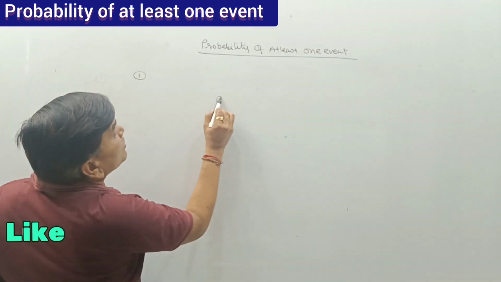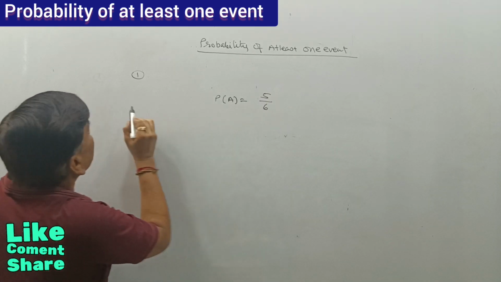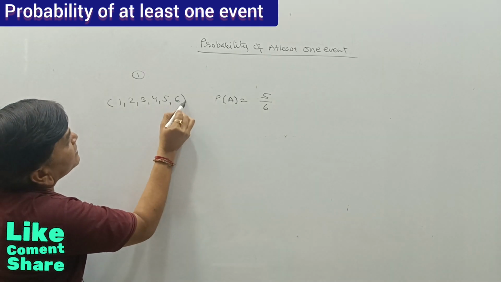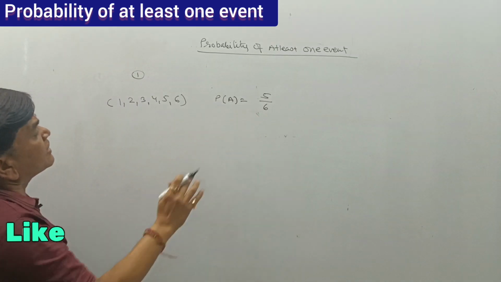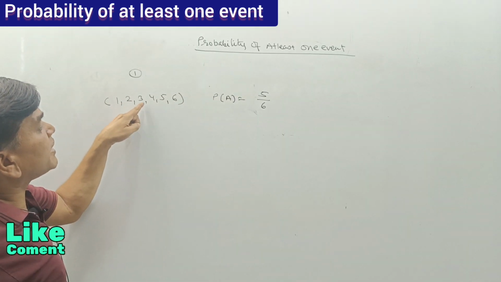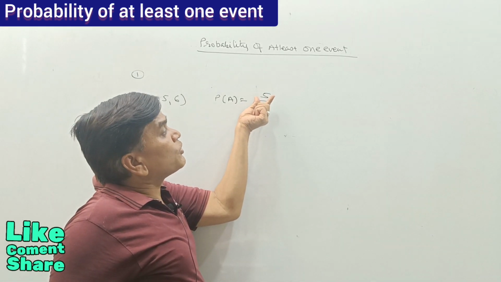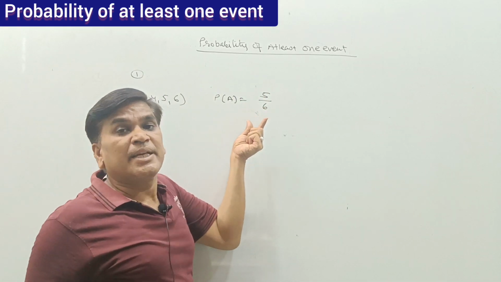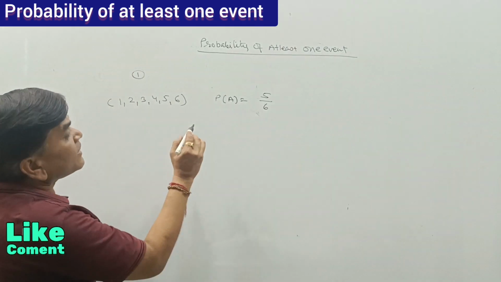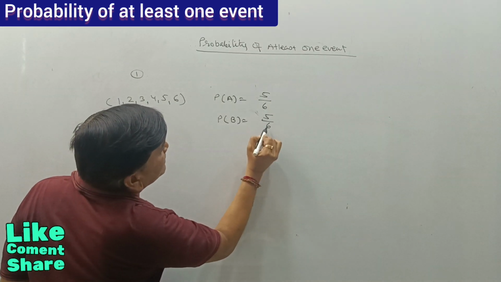The probability of not getting 6 is 5 by 6, because in a dice there are 1, 2, 3, 4, 5, 6, so the total number of events is 6, and not having 6 means it may be 1, 2, 3, 4 or 5. So the probability of not having 6 is 5 upon 6, and the probability of having 6 is 1 by 6. In the second trial also the probability of not having 6 is 5 by 6.